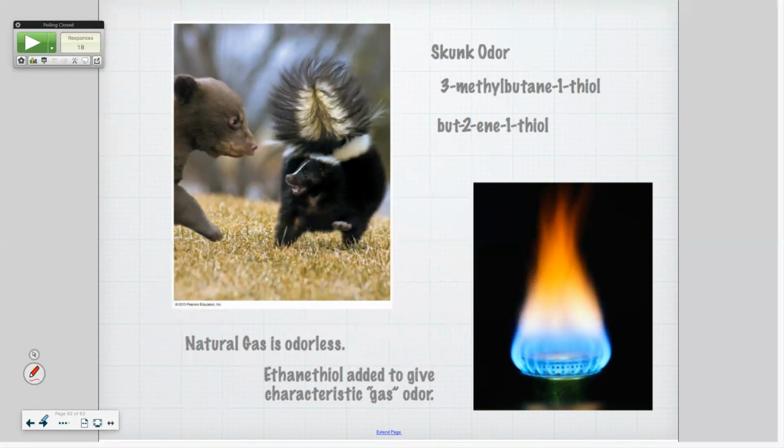It's a safety issue. Natural gas has a specific odor from ethane thiol, CH3CH2SH. This is what is in the skunks, those two compounds. Very different from ethane thiol. Would you not agree? In case you've ever smelled this stuff.